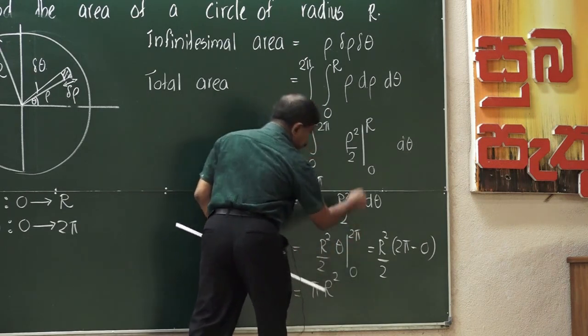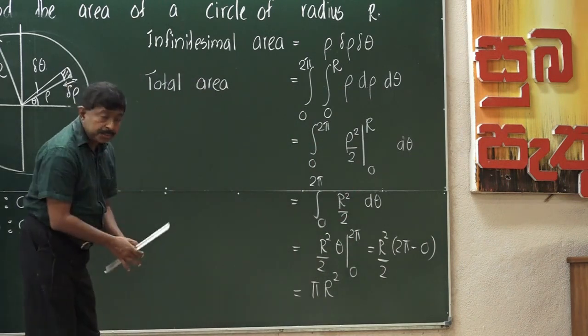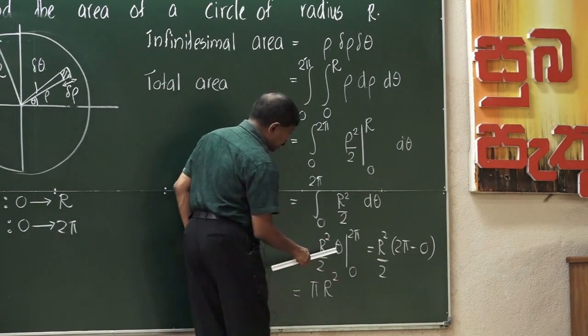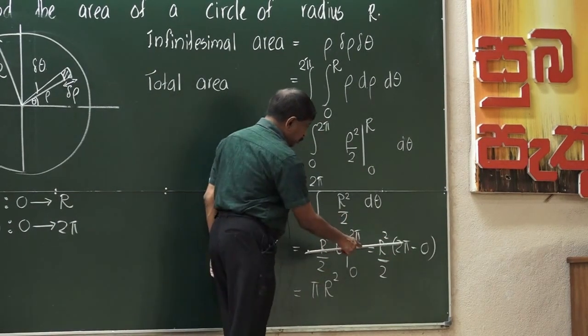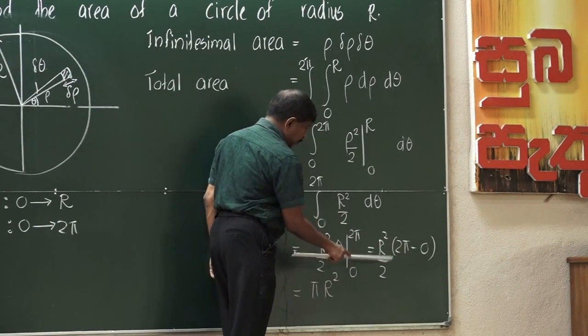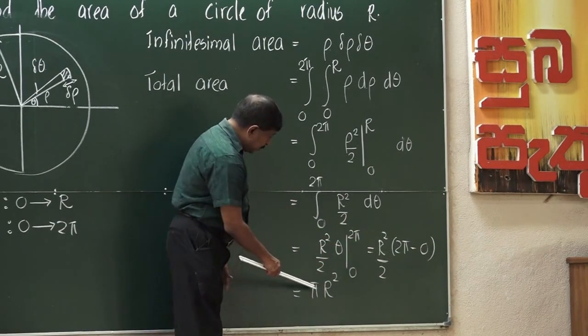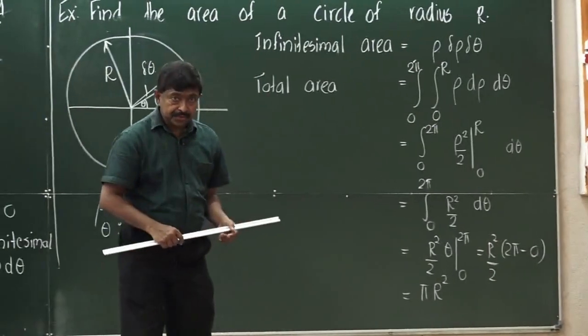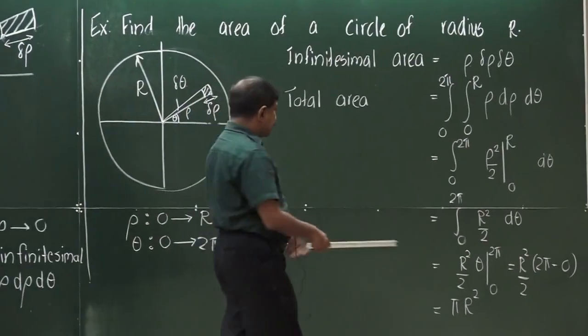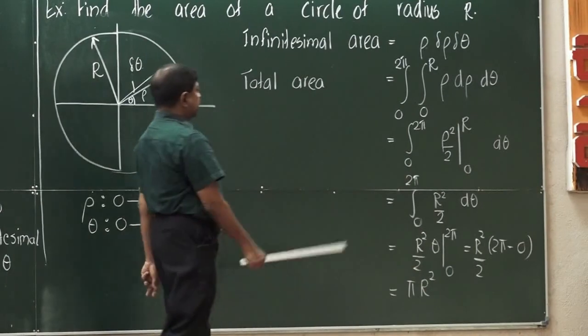Limits are from 0 to 2 pi. Now, you plug in limits, this is what you get. Then the couple of 2's go away, leaving this as the answer. And we exactly know what the answer is. The answer is pi r squared, and that is what we got.